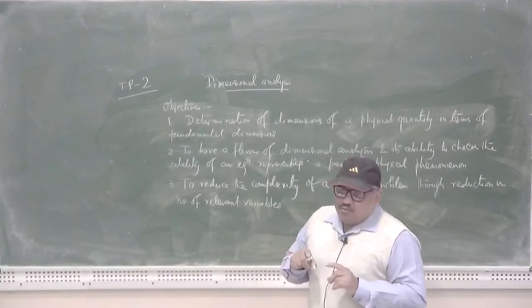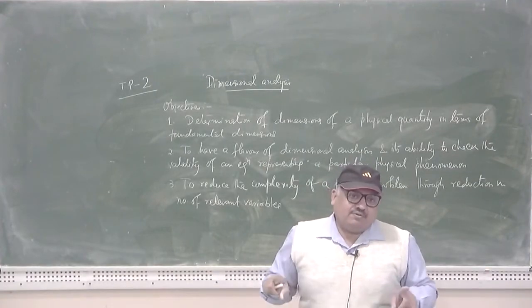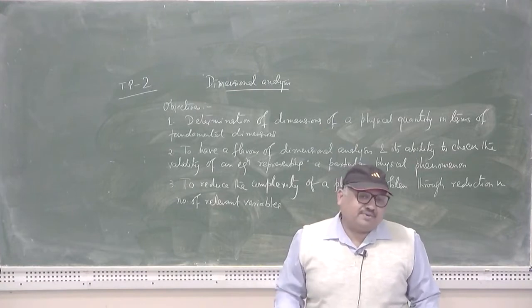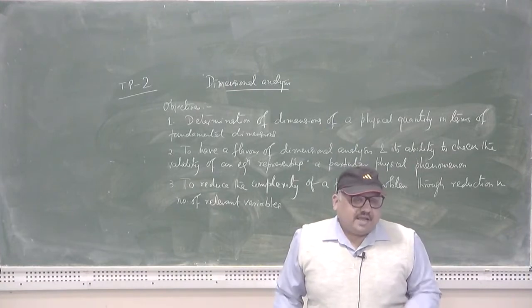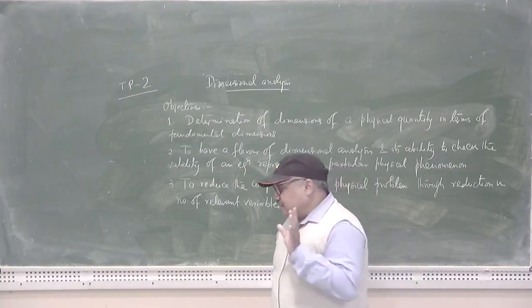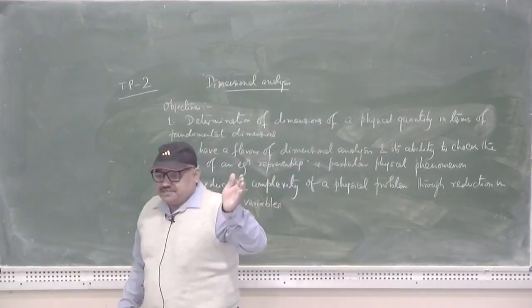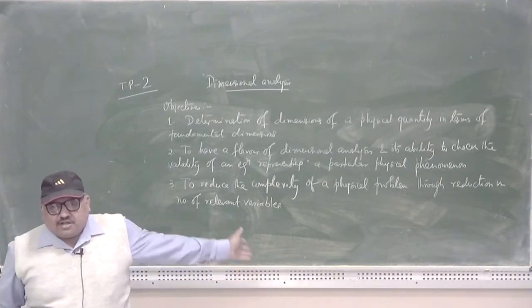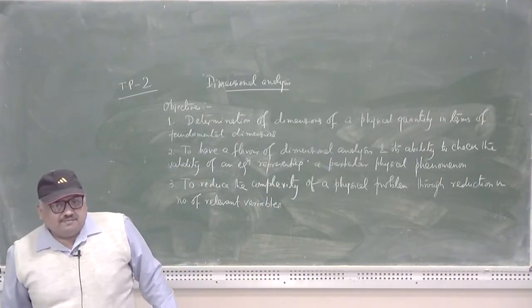So, you have to vary every variable and observe its effect, and later we will compile all the data to arrive at a mathematical equation which explains that particular phenomenon.